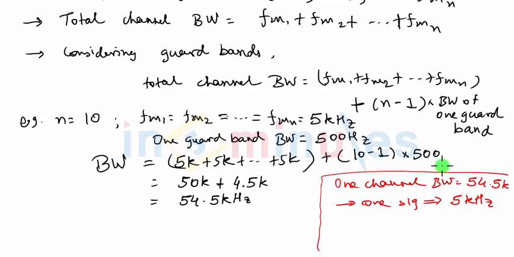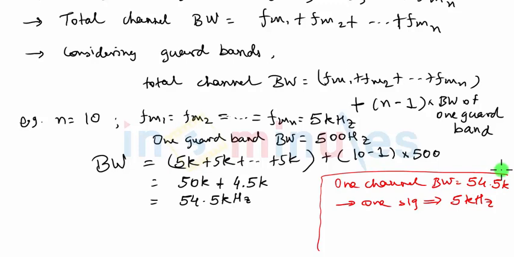If there is one signal for transmission, we require 5 kilohertz. If there are 10 signals, we require 5 into 10, 50k for sure. So we are not reducing the bandwidth; the utilization of the bandwidth is much better in the FDM system. We are able to use the remaining bandwidth of the channel, which otherwise would go to waste.